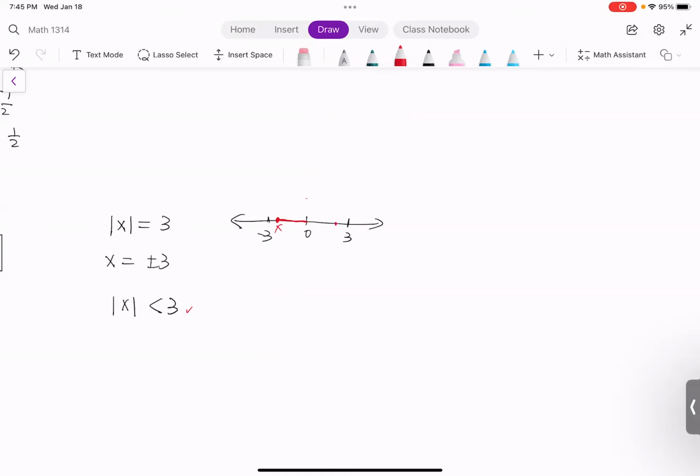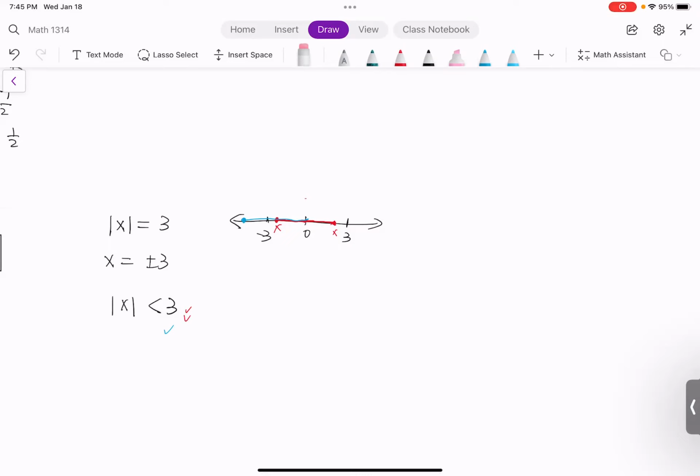If I choose the x here, the distance from that point to 0 is less than 3. Yes, it satisfies this condition. If I have a point here, from this point to 0, can I say it satisfies this condition? The distance is less than 3? No.